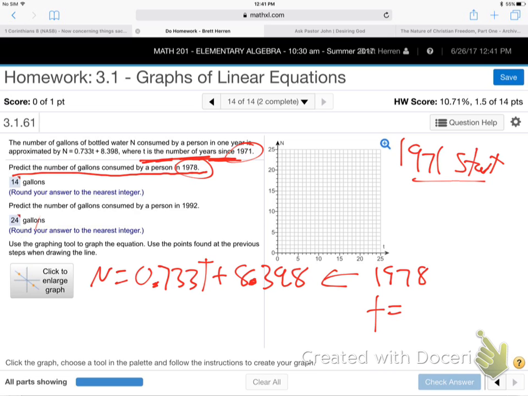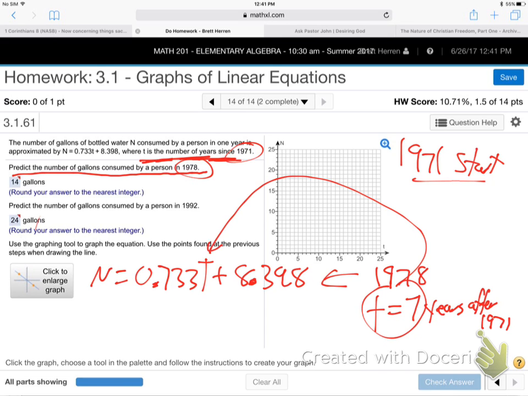T is however many years after 71, right? So if it's 1978, how many years after? 7 years after 1971. Everybody good with that? Right, if it's 1978, that is 7 years after 71. So they want me to take T equals 7 and plug it into the formula.